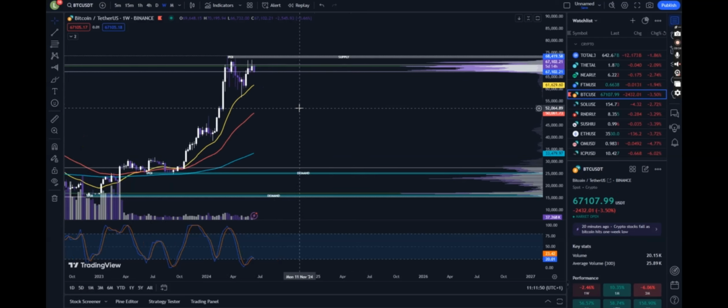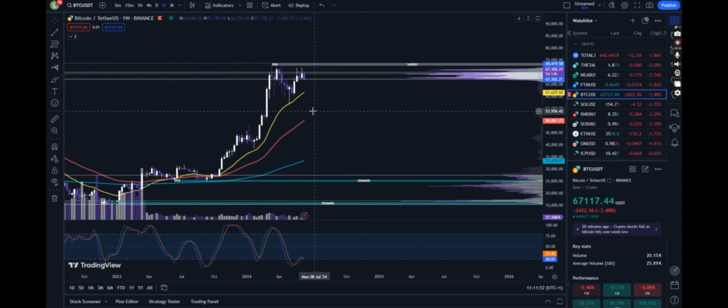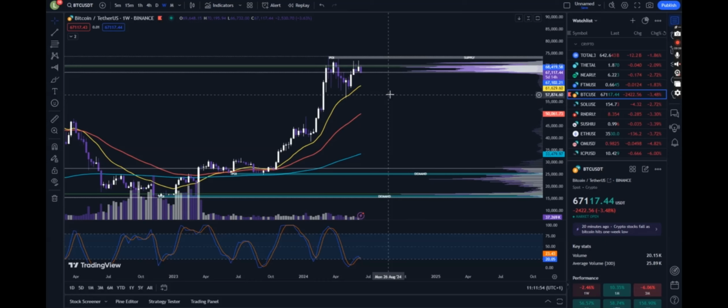So we're looking at BTC here, and to be honest with you, we all know that BTC controls most of the crypto market, and most of the market at the minute is getting wrecked.